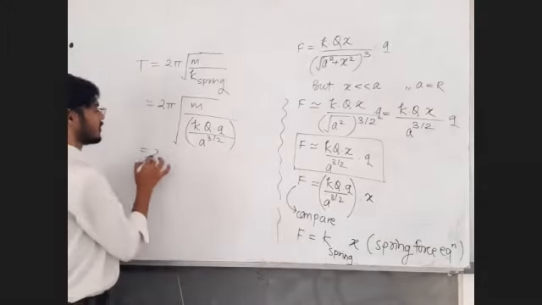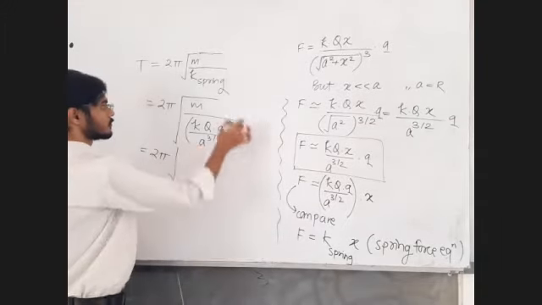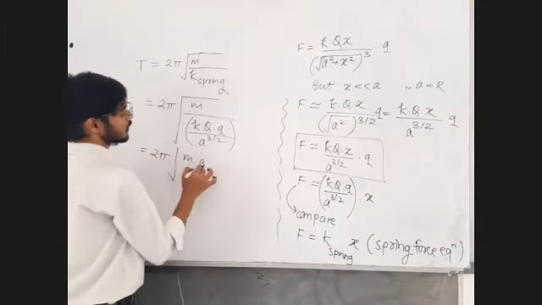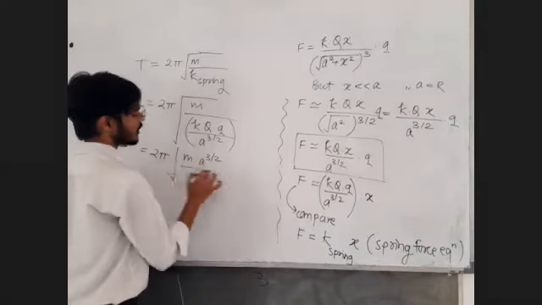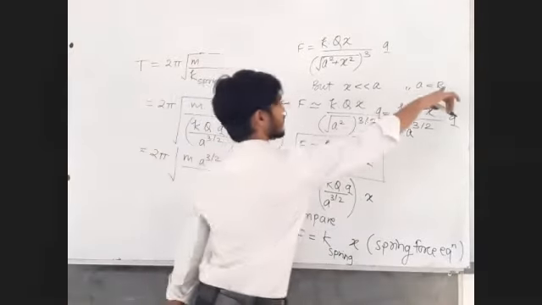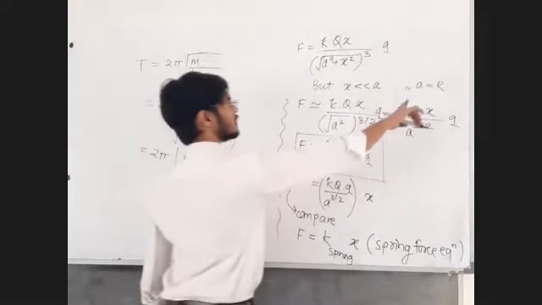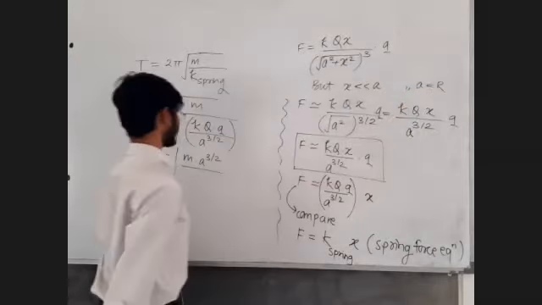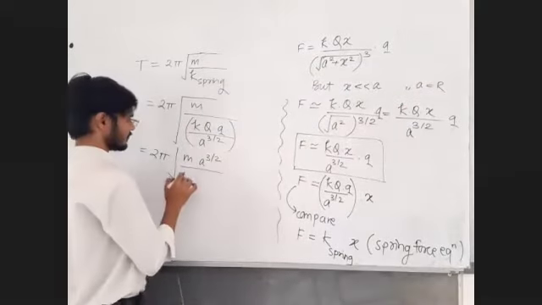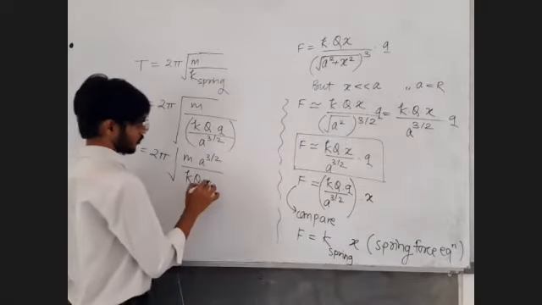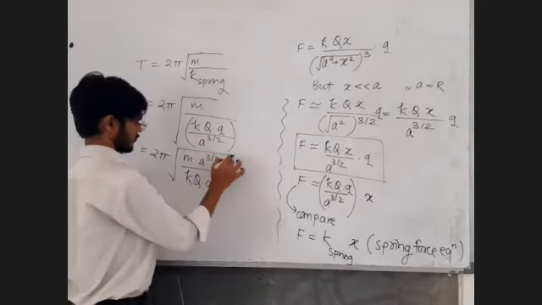Let's do some rearrangement. Small m into a, where a is the radius of the ring. Ultimately, you are going to replace that radius with capital R, because they have not given a as the radius, they have given R as the radius. That is okay, we will do that. Divide by K into Q into q. Fine.